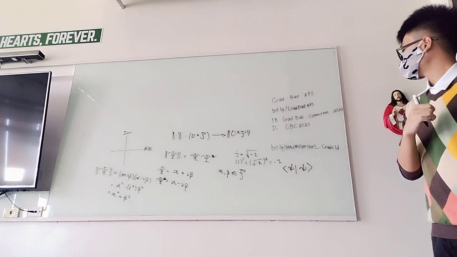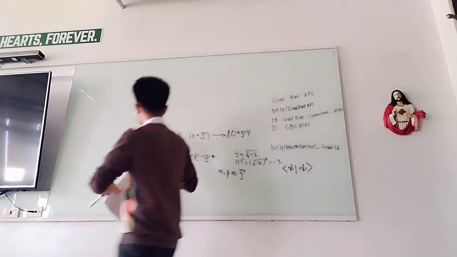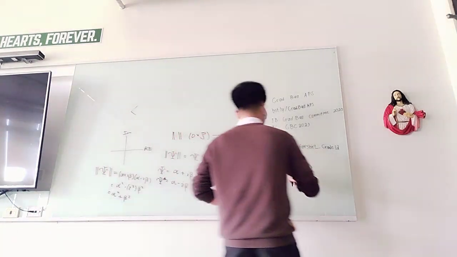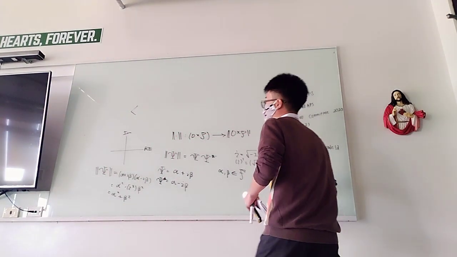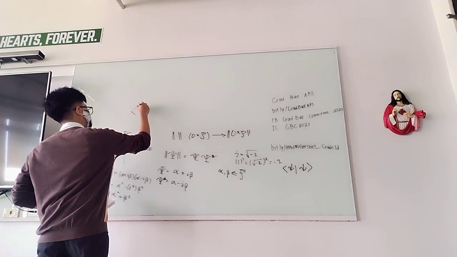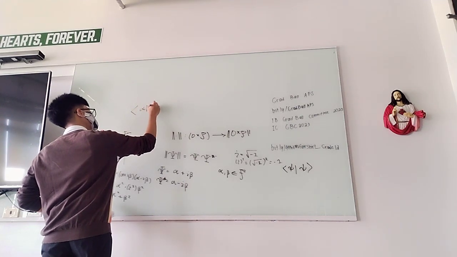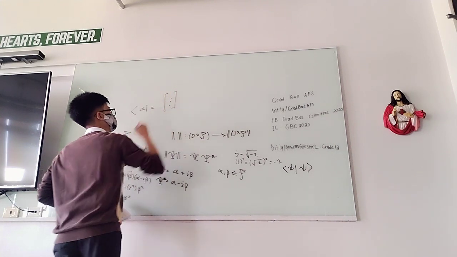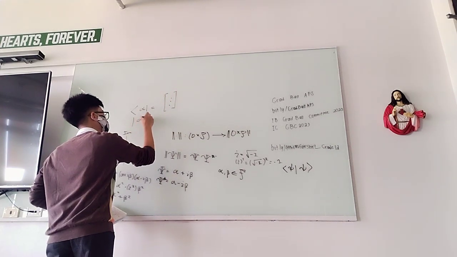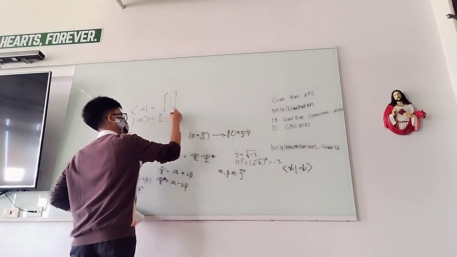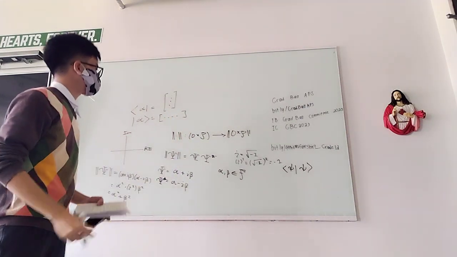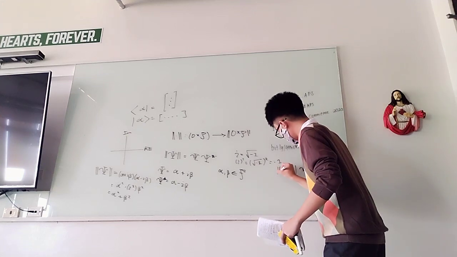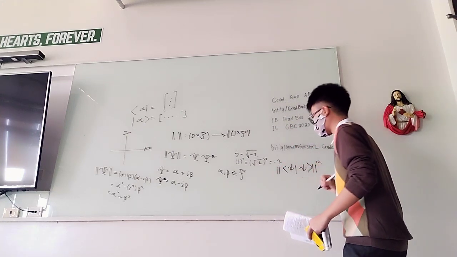And if I remember correctly, the bra vector gives us a column vector, while the ket vector gives us a row vector. So something like, let's say alpha gives us a row vector, while this alpha gives us a column vector. And so taking these two, and then taking their square, gives us the probability amplitude.